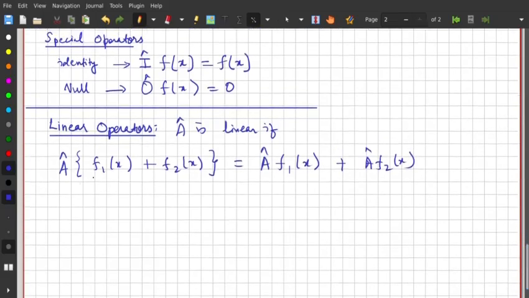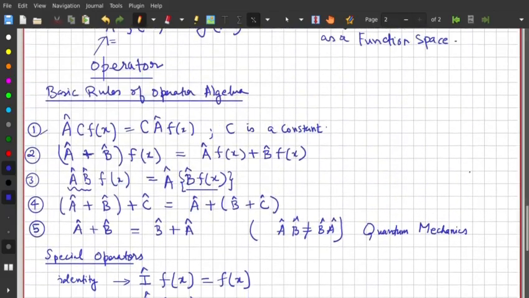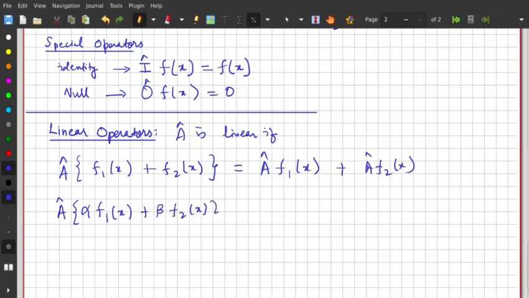A basic extension of this idea generalizes linearity. Rather than just the functions, we can multiply by some constant alpha on f1 of x, plus another constant beta on f2 of x, and what we should get is alpha A hat f1 of x plus beta A hat f2 of x.